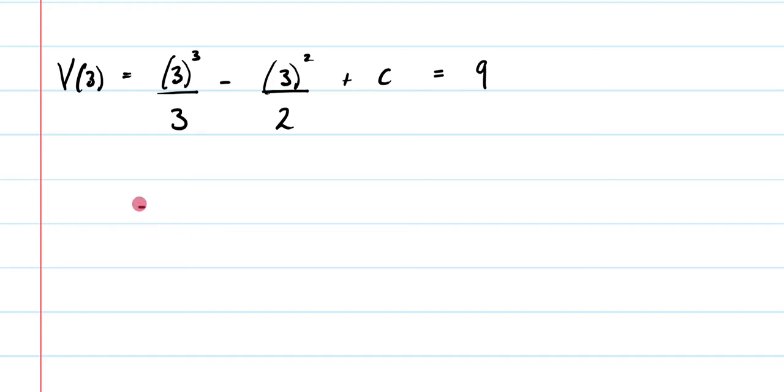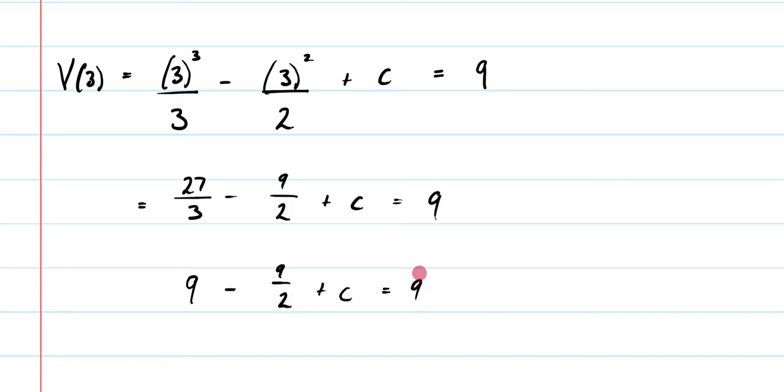So what we are going to end up with is, sorry, wow, that's embarrassing. 3 cubed is 27. I'm getting ahead of myself. 3 cubed is 27 over 3 minus 3 squared is 9 over 2 plus c equals 9. This is going to end up being 9 because 27 divided by 3 is 9, minus 9 over 2 plus c equals 9. Let's keep on going.